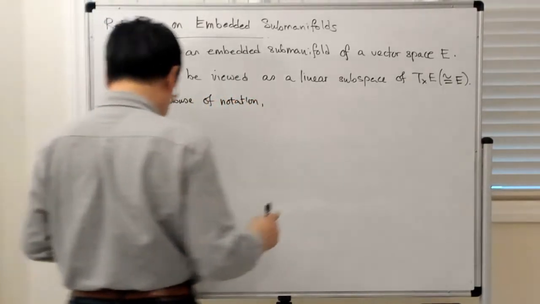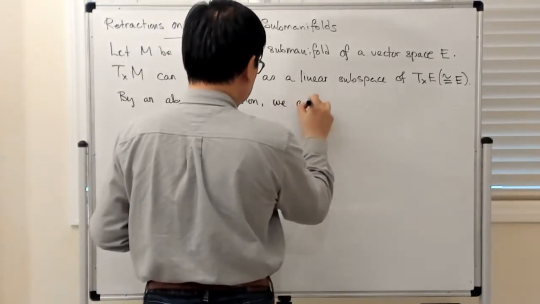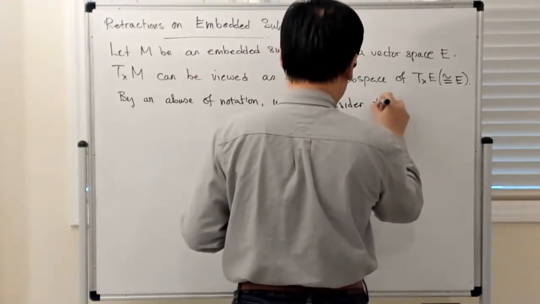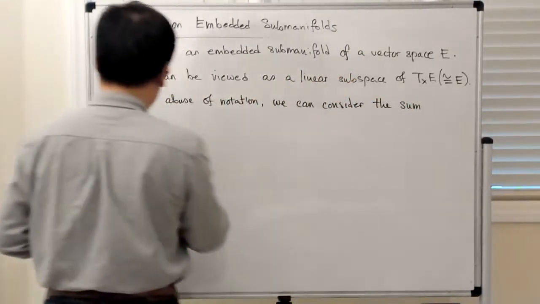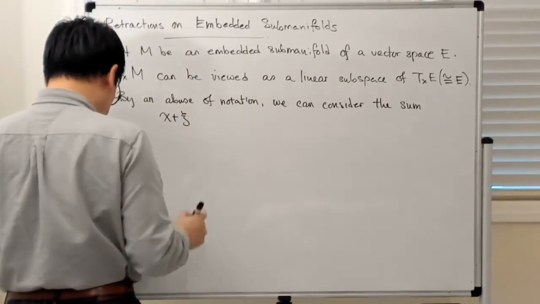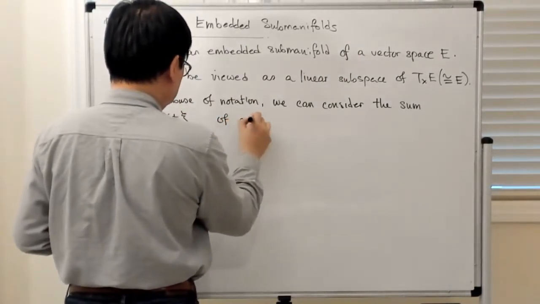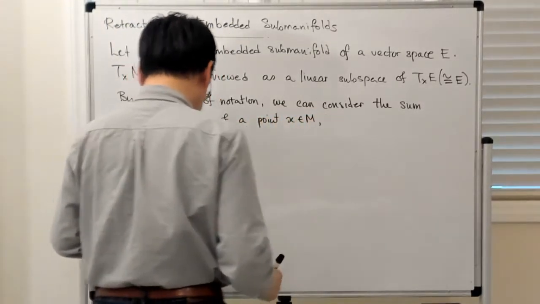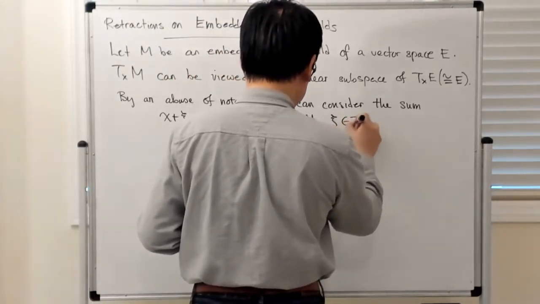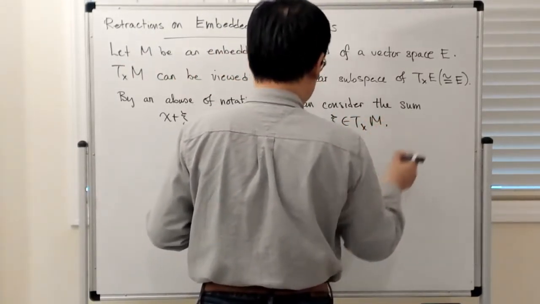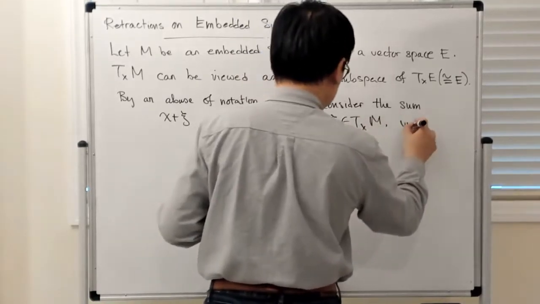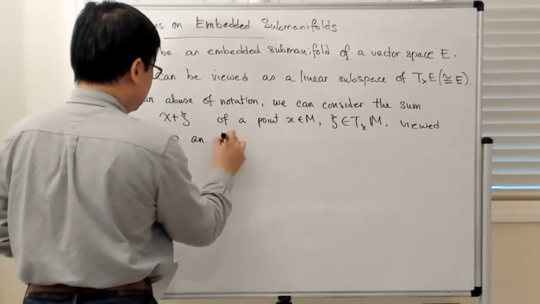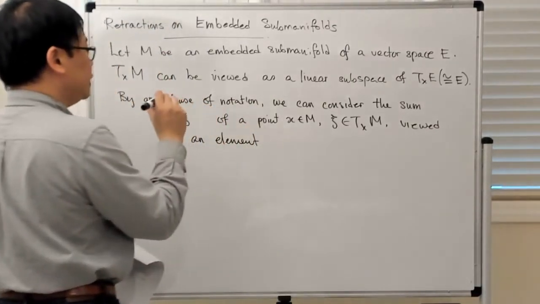So by an abuse of notation, we can consider the sum x plus c, of a point x on the manifold M and c in the tangent space at x of M, and then this thing should be viewed as an element of the tangent space of the vector space.